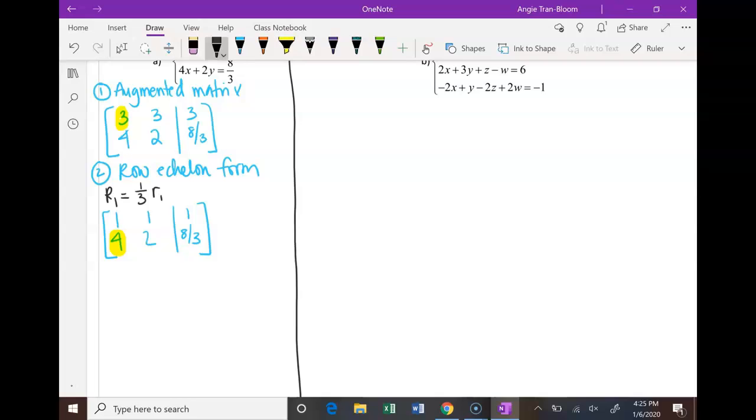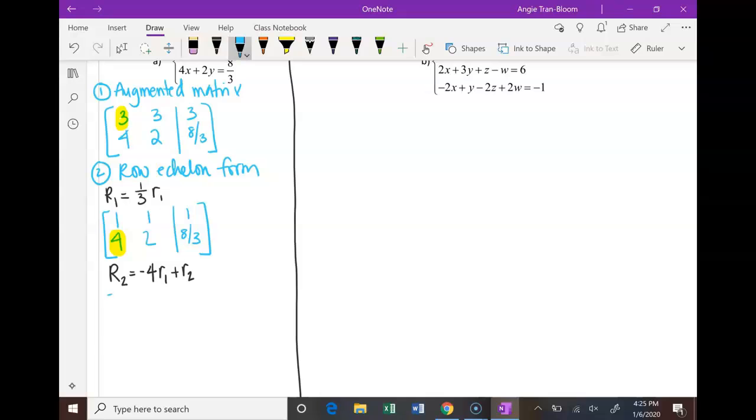Step 3, we are now going to try to get the 4 into a 0. To do that, I'm going to change row number 2. To get that to be a 0, you want to multiply by -4, whatever the number is, its opposite, times the row above it that contains a 1. In this case, there are only 2 rows, so the row above it is row 1. And then you want to add itself, that is now row 2.